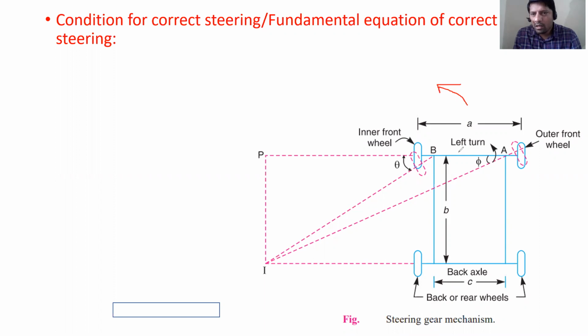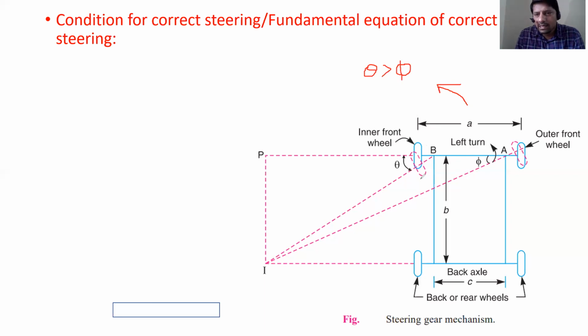Now suppose you are taking a left turn, and using some mechanism you have changed the direction of the front wheels. You will find that the angle of turning of the inner front wheel, theta, is greater than the angle of turning of the outer front wheel, phi.